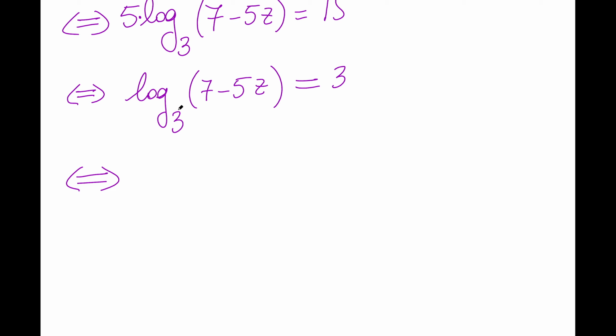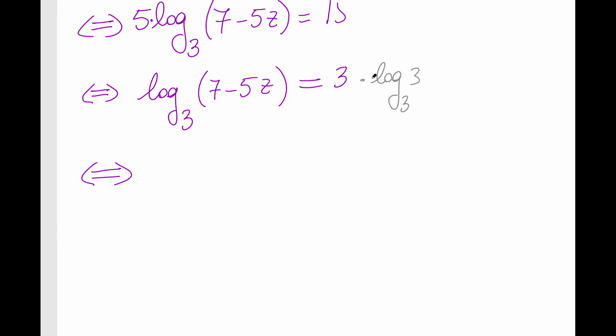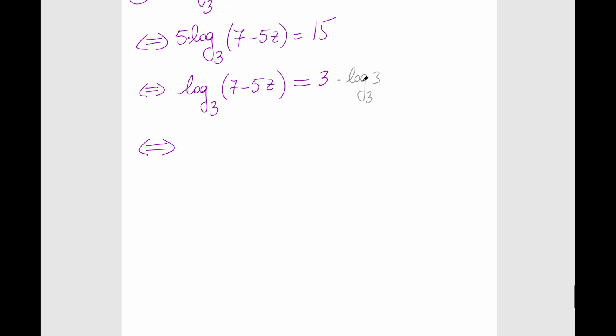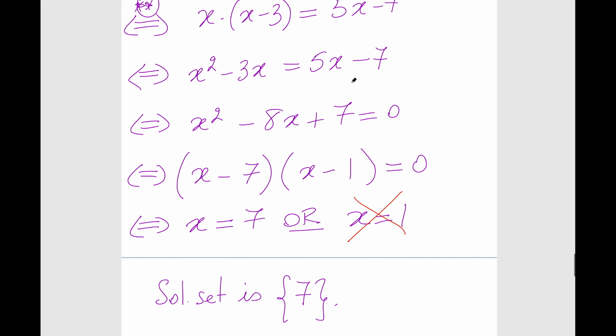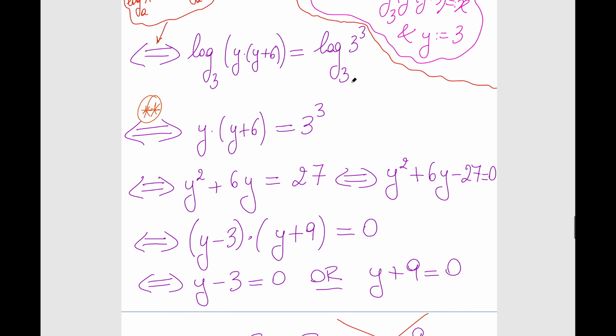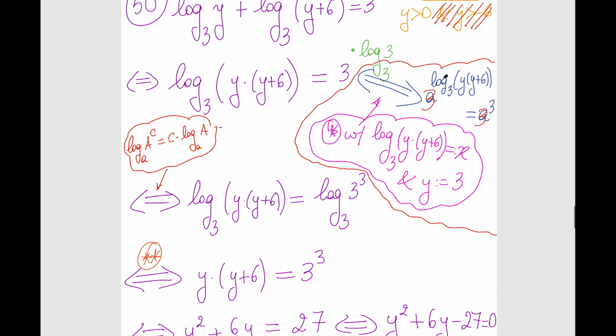You can do it in a different way as we discussed above. Another way you can also rewrite this, right? You can rewrite 3 as 3 to the power log base 3 of 3. Correct? What am I saying here? I'm saying that you can also use this technique.